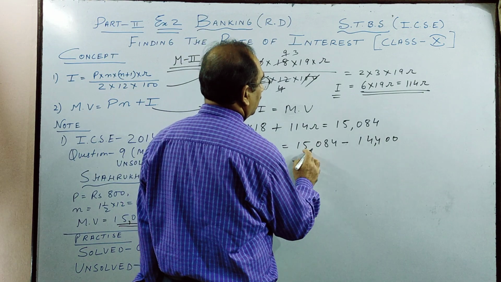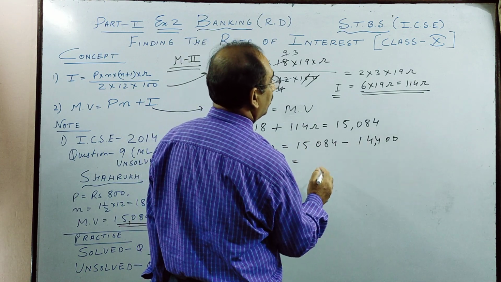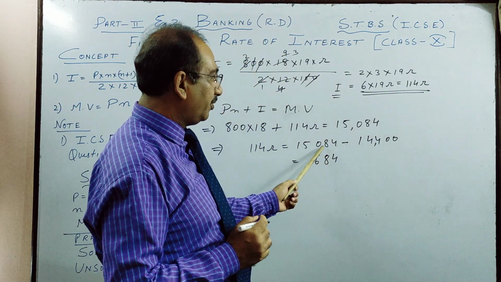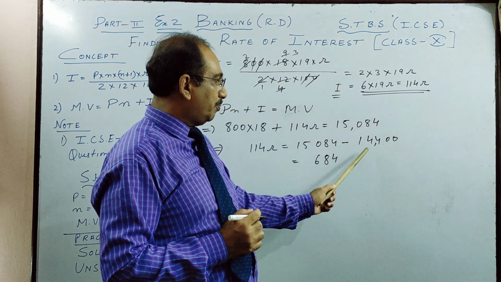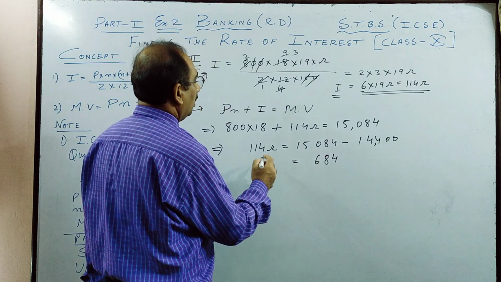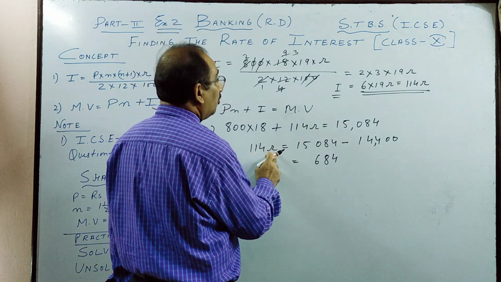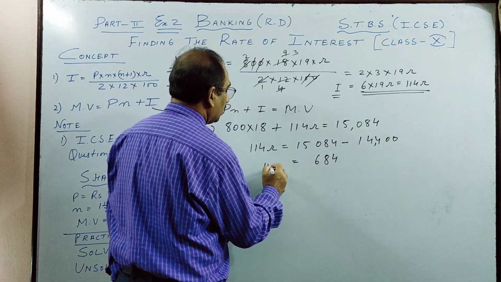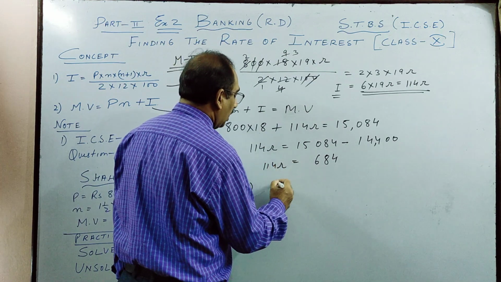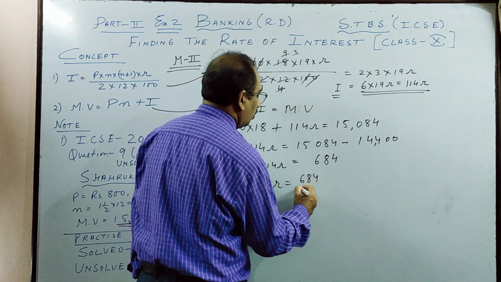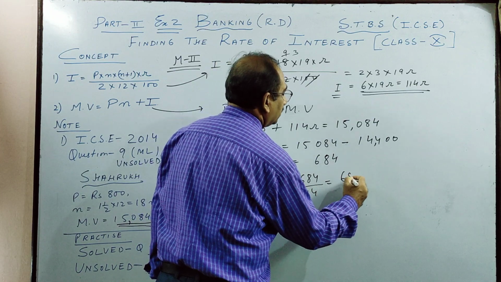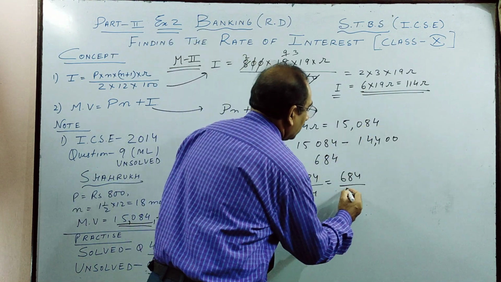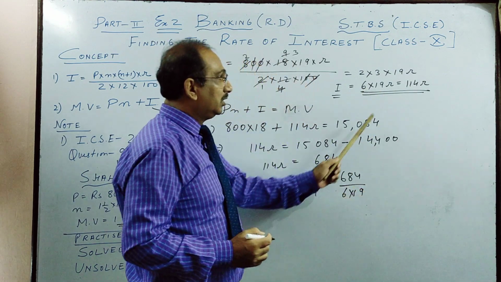If you subtract 14,000 from 15,000, you will get 684. 114R you can write as this. See, next step, how to make R is 684 by 114, and as you know, 114 we got as 6 into 19. So this also helps.